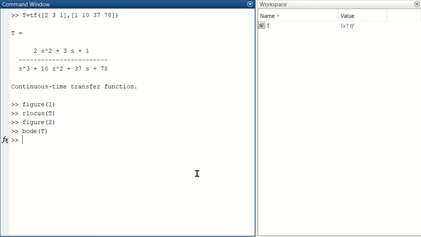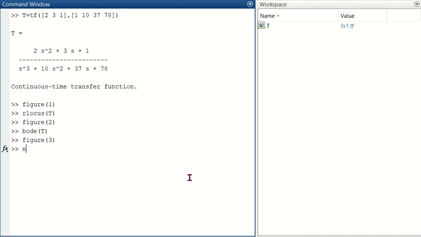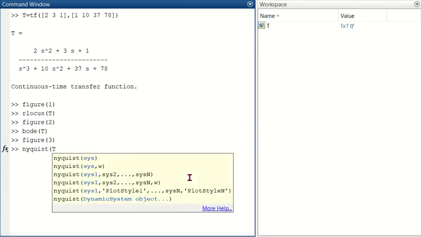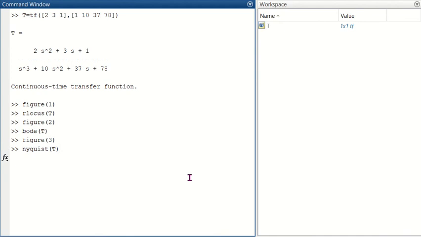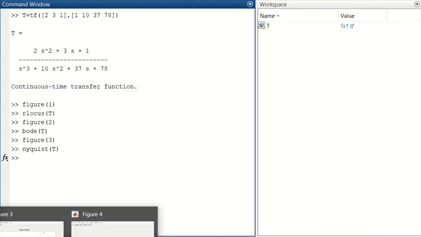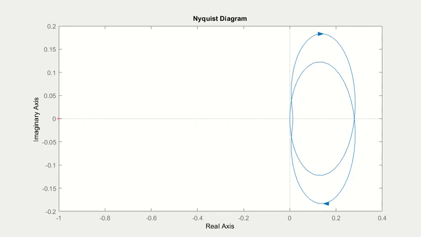Now in order to obtain the Nyquist plot, we'll draw this in the next figure, let's say figure 3, and to obtain Nyquist we simply write nyquist and the transfer function, using the same transfer function that we defined above. So let's see how the Nyquist plot looks. This is how the Nyquist plot of the given transfer function looks, and you can see that you will be having some encirclements.